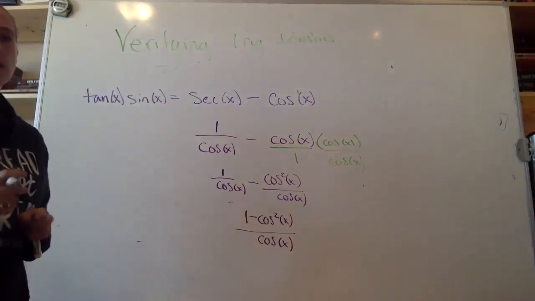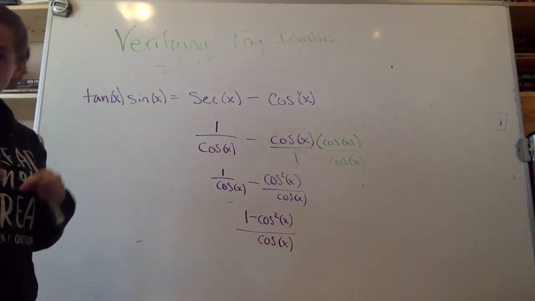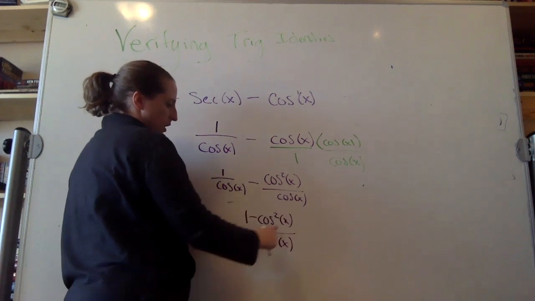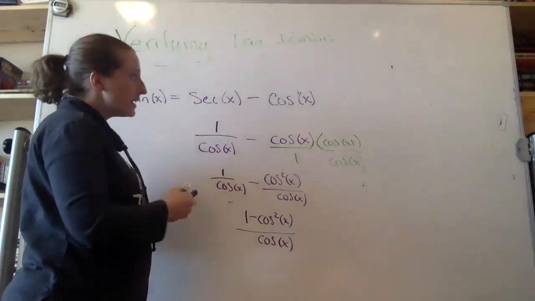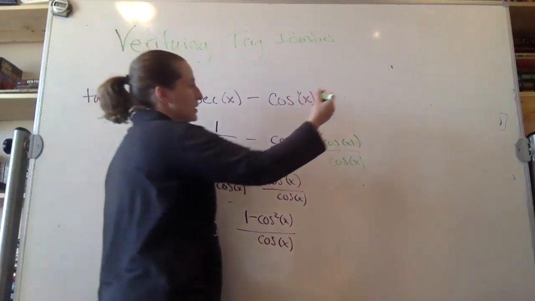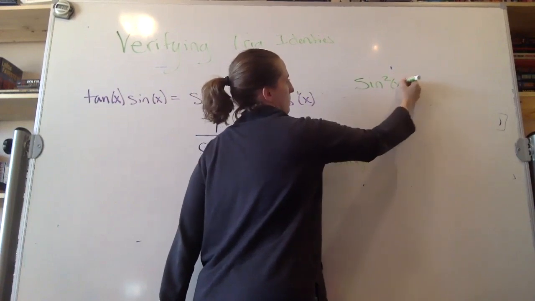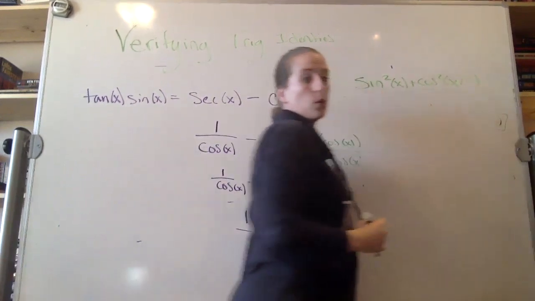Okay, all right, so now what? Well, now I'm thinking maybe I can use a Pythagorean identity here, because this involves a cosine squared. Remember, the Pythagorean identity we have that involves cosine squared says sine squared plus cosine squared equals 1.